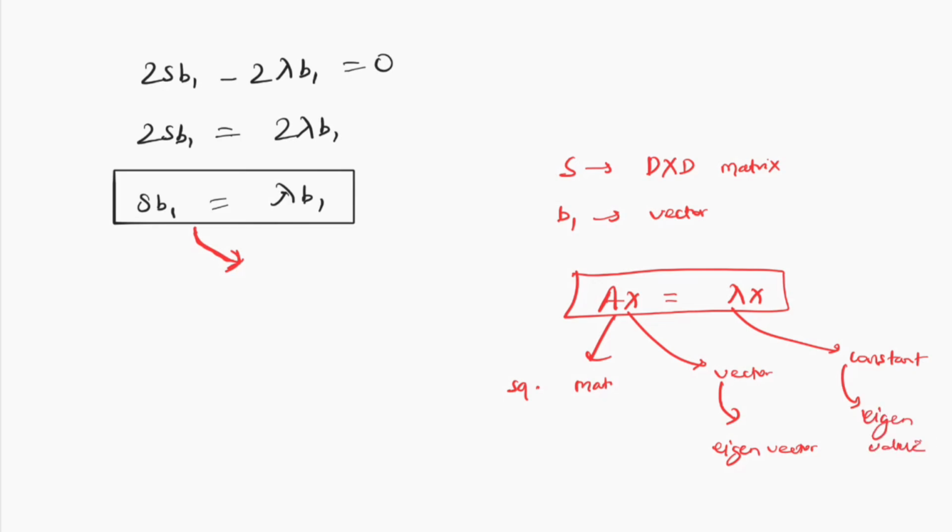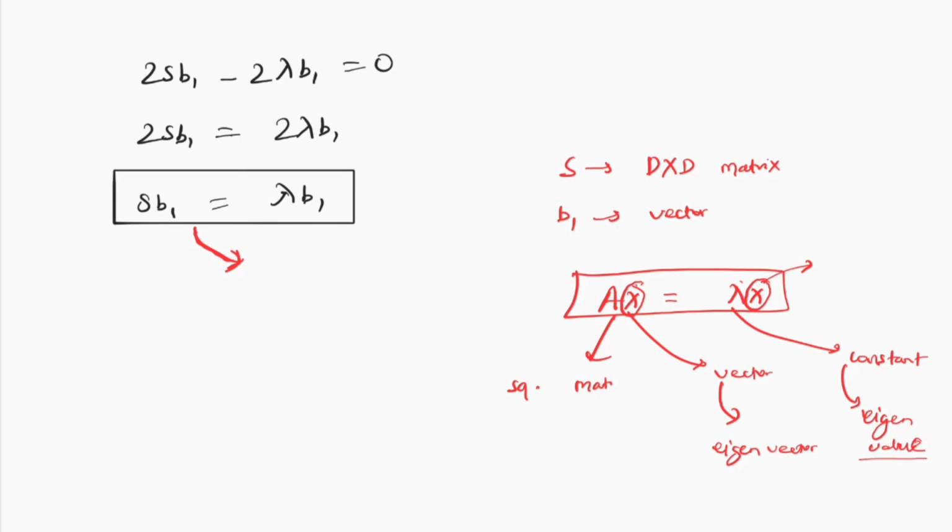Why? If you know about linear transformation, you have some vector x and you transform it using some linear transformation, and you get the same vector: the direction of the vector is not changing, it just gets some other magnitude.